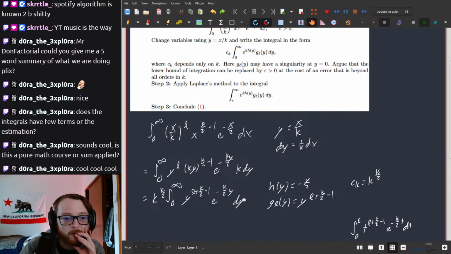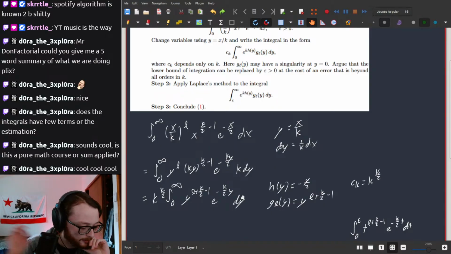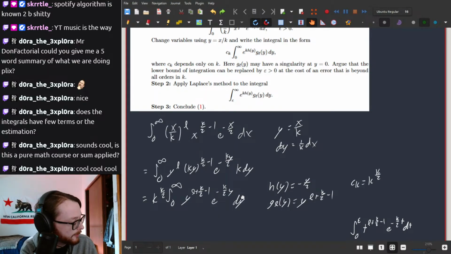Error that is beyond all orders in K. Beyond all orders in K. Or should I be integrating by parts? That's a thought.